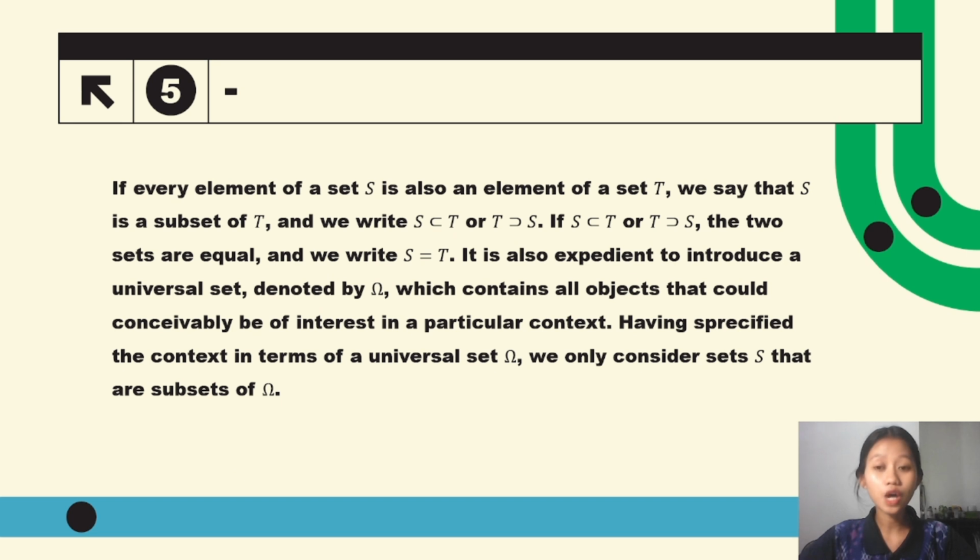If every element of a set S is also an element of a set T, we say that S is a subset of T, and we can write S ⊂ T or T ⊃ S. If S ⊂ T and T ⊂ S, the two sets are equal, and we can write S = T. It is also expedient to introduce a universal set, denoted by Ω, which contains all objects that could conceivably be of interest in a particular context.